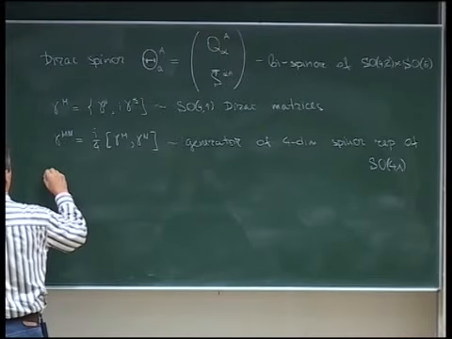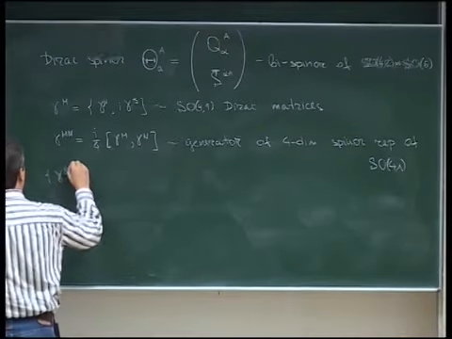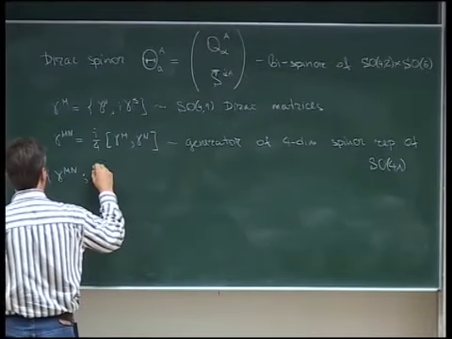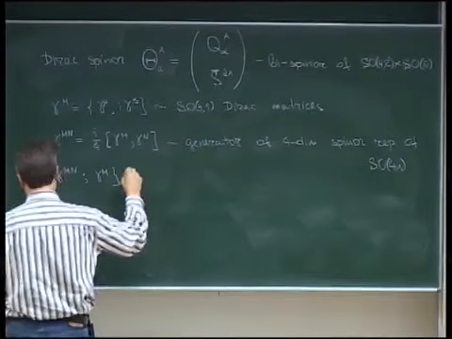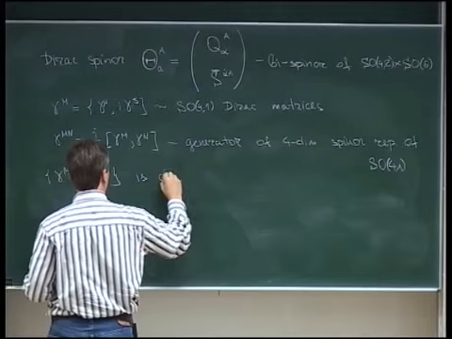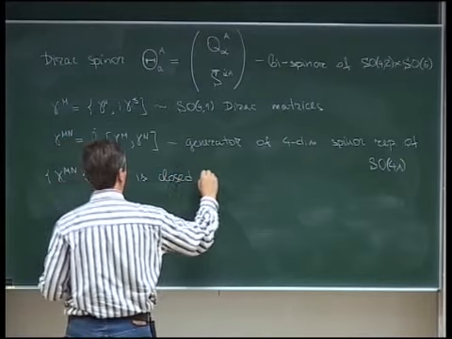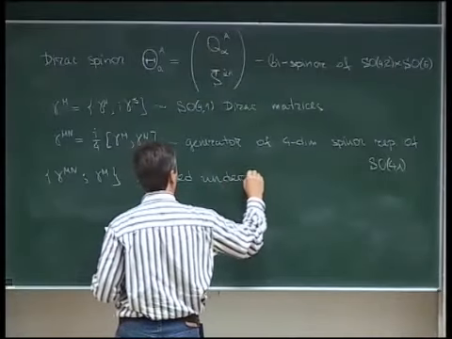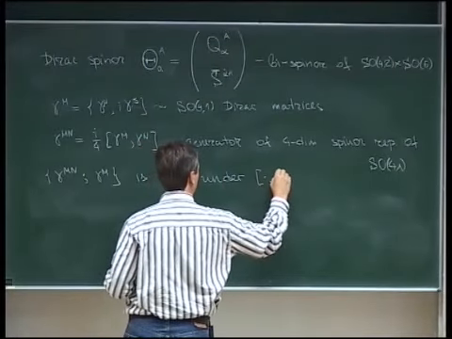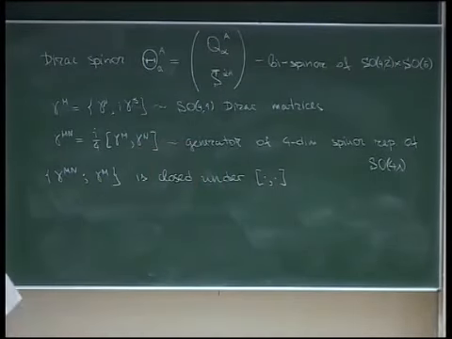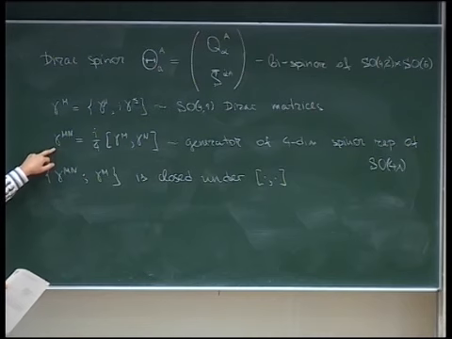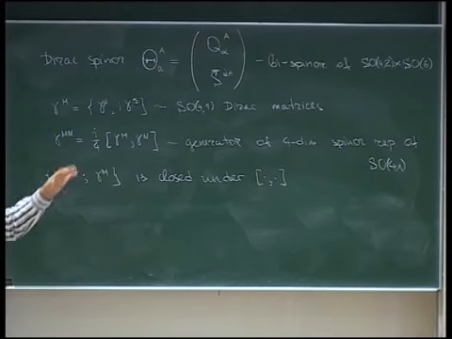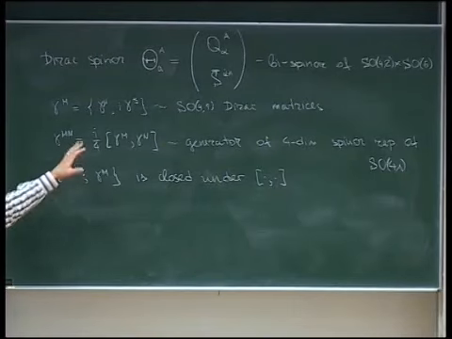So gamma mn and gamma m is closed under commutations. Well, it's almost obvious because certainly if you commute two gamma mn, we get just the usual SO(4,1) commutation relations.